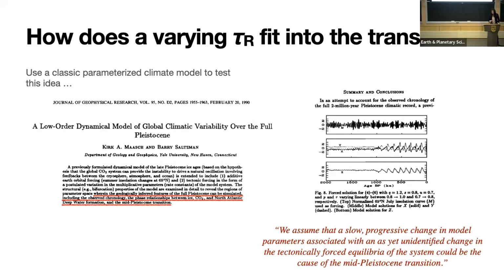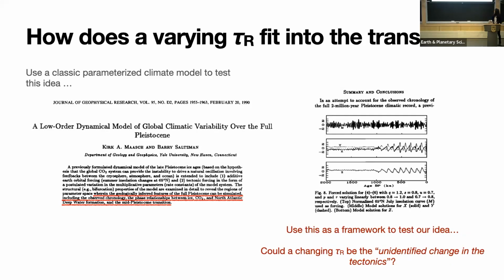And they don't actually propose what that arbitrary change, that secular change, is. All they say is, they have this line in the closing of the abstract: "We assume that a slow progressive change in the model parameters associated with an as yet unidentified change in the tectonically forced equilibrium of the system could be the cause of the mid-Pleistocene transition."